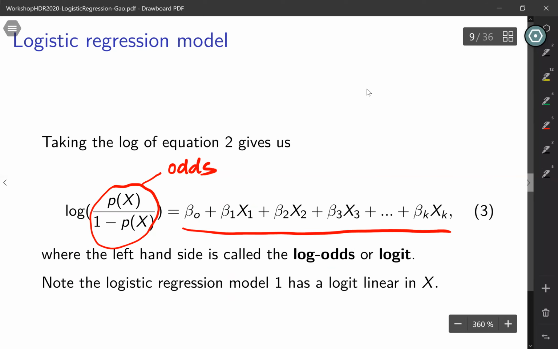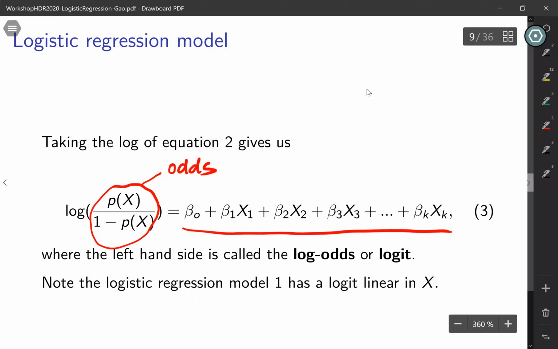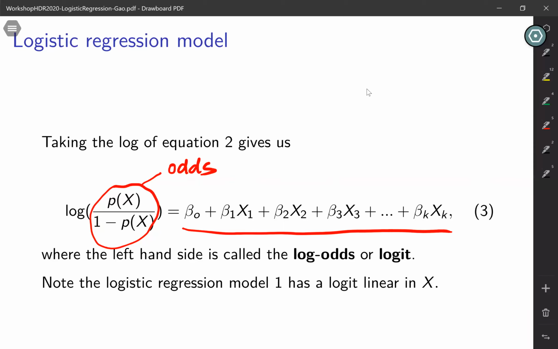Now if I use algebra format, there are a bunch of predictors, right? So if you have k predictors, x1, x2, up to xk, this is a linear combination of those k predictors. Notice that we have an intercept term. This is pretty much like the way we do ordinary regression, right? Usually we include an intercept term here, that's beta 0, and all the others are associated with the predictors.